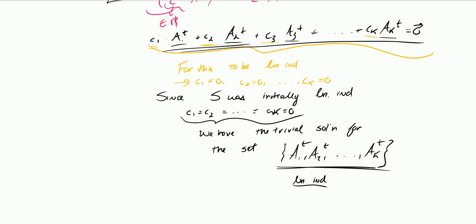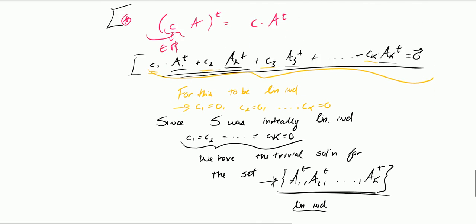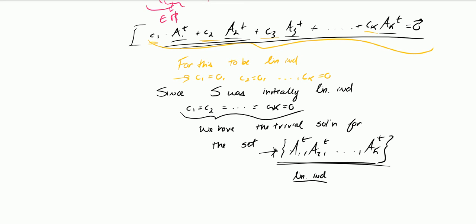And since getting the trivial solution for an equation like this means, by definition of linear independence, that this set is linearly independent. So that was one proof regarding linear independence and dependence, and I'll be doing another one.